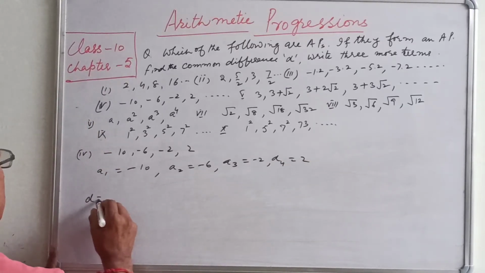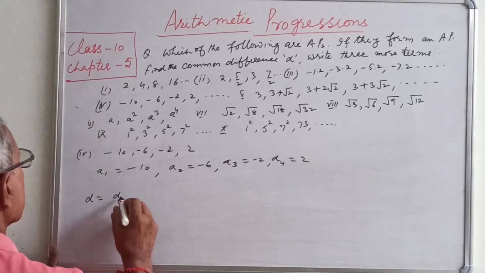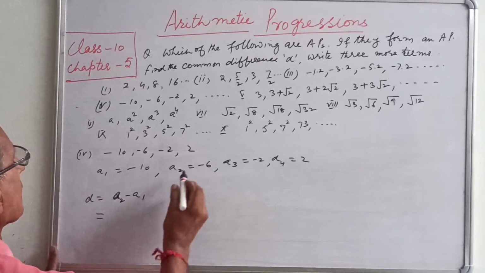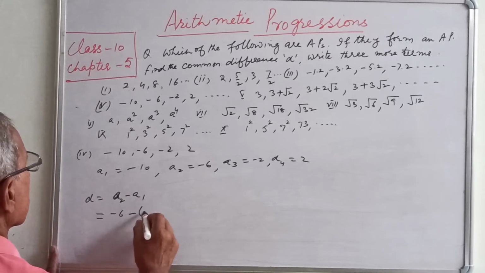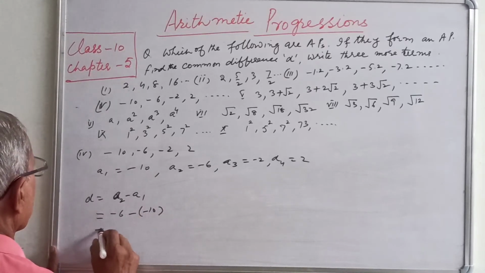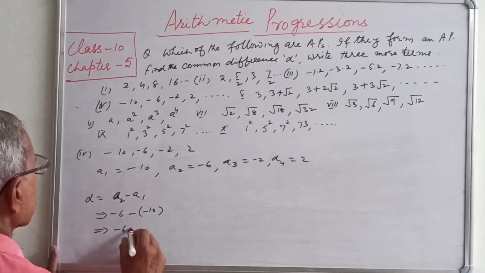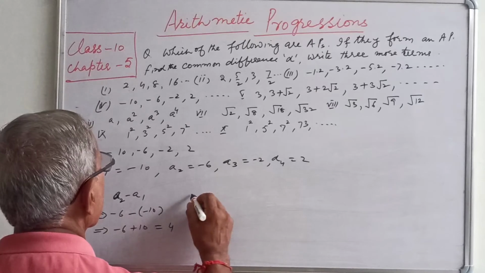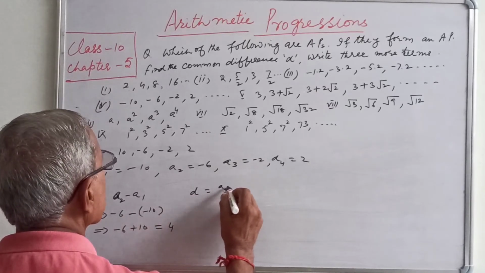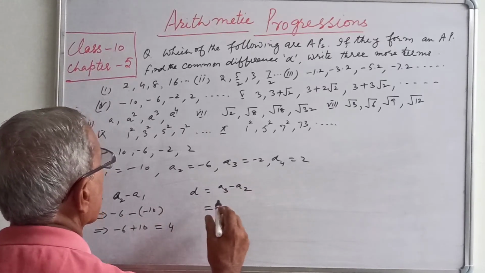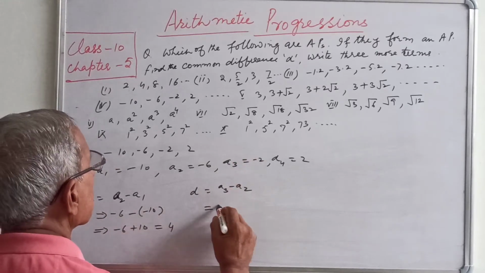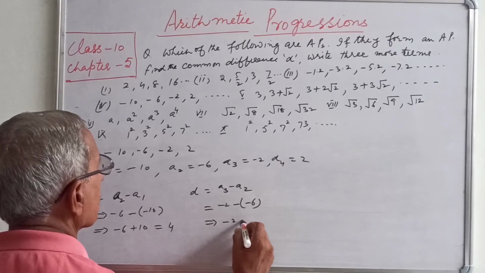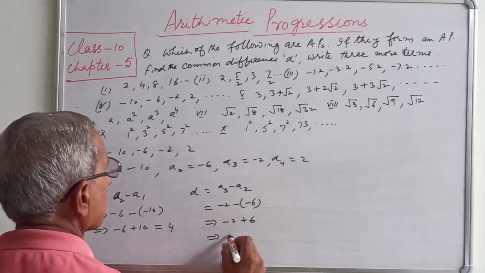So D, A2 minus A1: minus 6 minus of minus 10, minus 6 plus 10 equals 4. D here, A3 minus A2: A3 is minus 2 minus of minus 6, minus 2 plus 6, again 4.